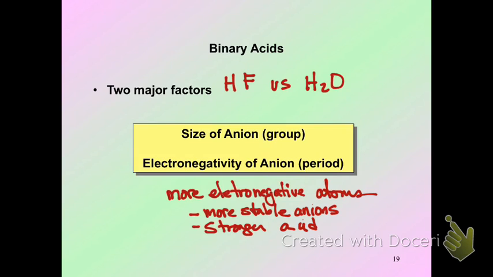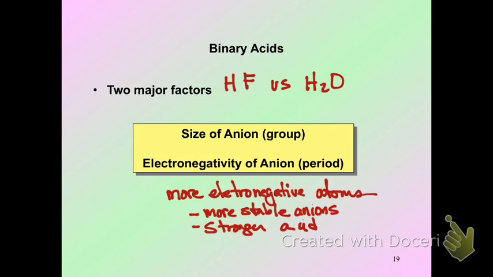Oxygen-16 would have 8 neutrons, and then fluorine has 9 protons. More positive charge makes the electrons more stable, stronger acid. All right? More positive charge to stabilize the negative charge, because when both have a -1 charge, the fluorine has more positive charge to stabilize that, and as a result, ends up being a stronger acid.